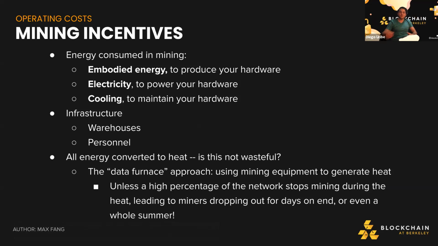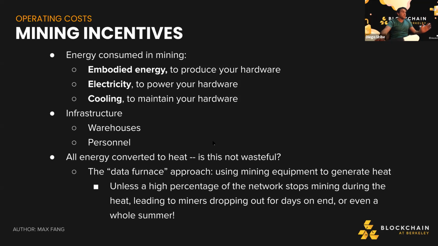Many times you're going to need to rent an entire warehouse to store all of your hardware and be able to do all the mining. And there was a very cool idea that if we have Bitcoin farms or ASIC farms in cold regions, then we can use the heat produced as a heat source for a house. They called that a data furnace, for a house or a building. That was pretty interesting in my opinion.